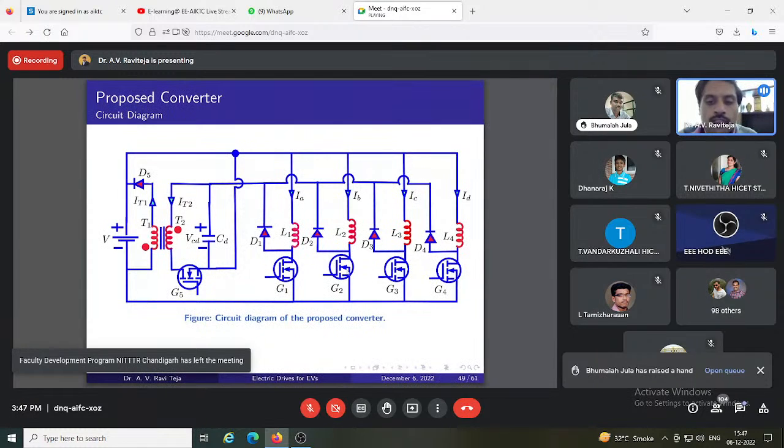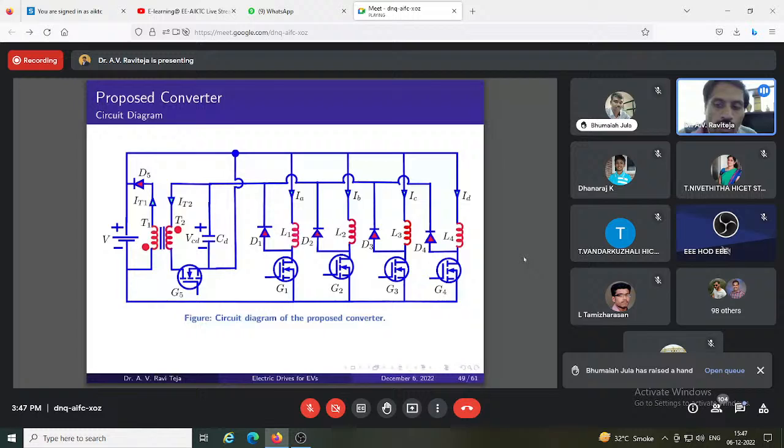So if phases are four, N is four, I need N plus one, five switches, right? So as more phases increase, I have only one switch more than the number of phases, whereas in the asymmetrical converter we have seen two switches in one phase itself required. So for four phases, 4 into 2, 8 switches, whereas here only 5 switches are required.